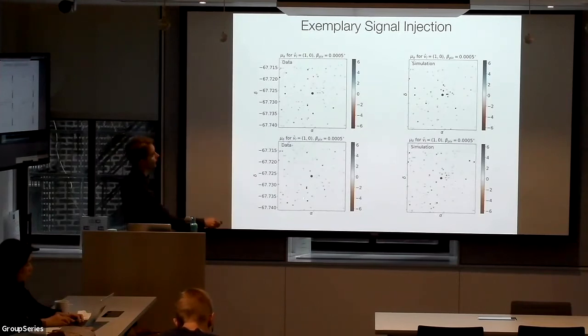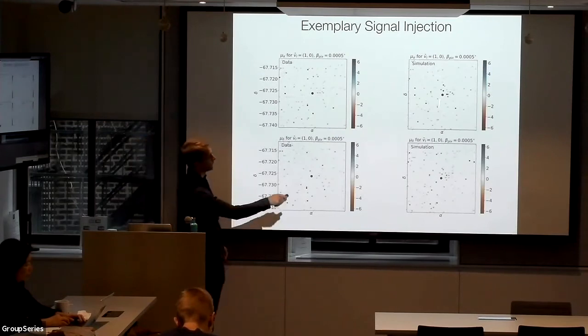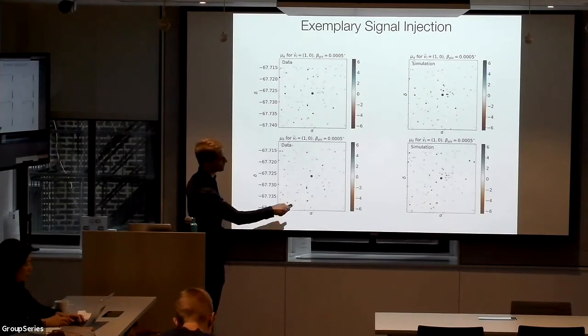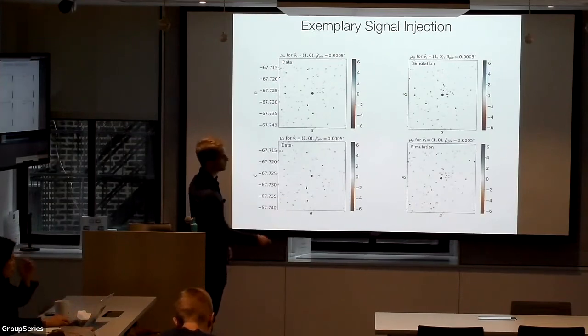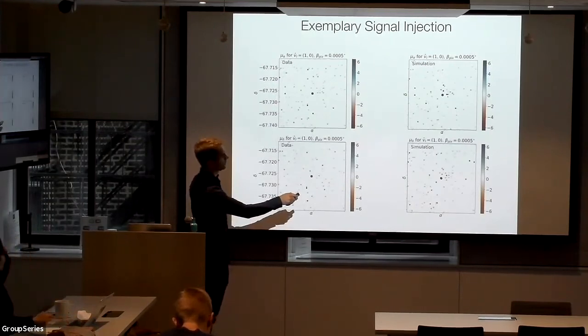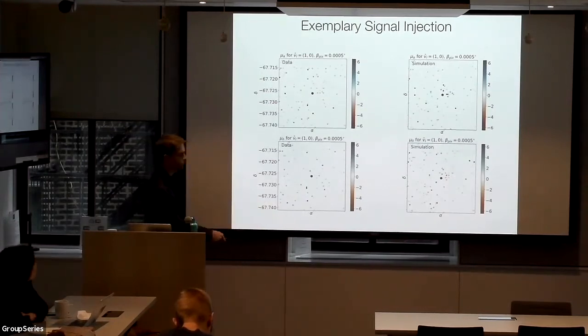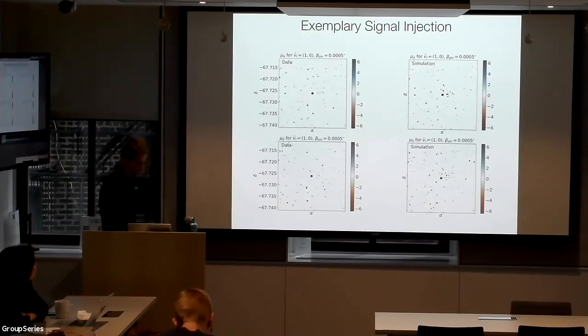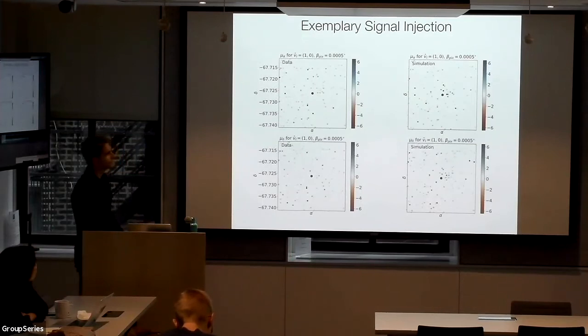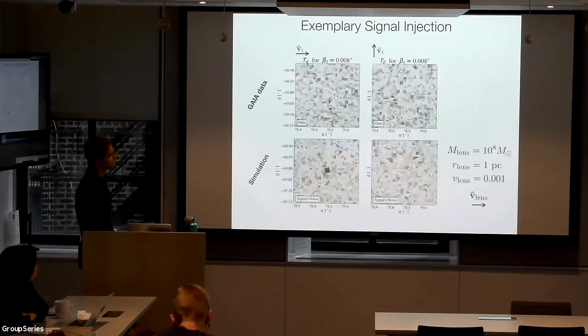I show the actual data on some small patch of sky. And then on the right, I inserted a lens of 10 to the 8 solar masses that was consistent with being a point source. And you see there's a proper motion correction to these stars. By eye it is hard to tell, but our test statistic evaluates here to 7 or 8, which is borderline detectable and larger than anything we saw in the data. So this lens would be detectable by our test statistic.